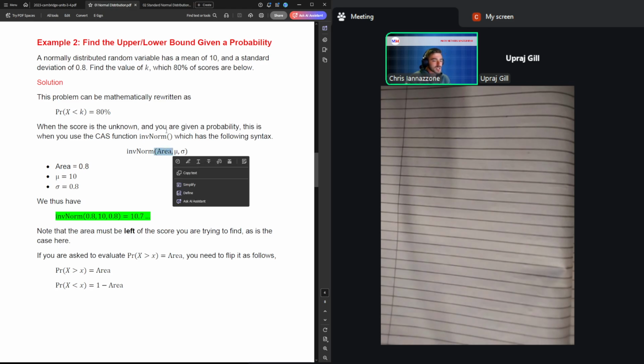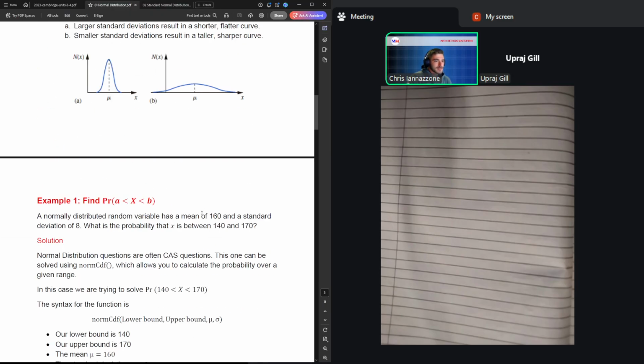So the only point I was trying to make here was the TI Inspire doesn't have an option of saying, are you pointing left or are you pointing right? It always thinks you're talking about percentiles, which always look left. So when you have x less than k, you have some value k over here. Everything less than k would be pointing left.